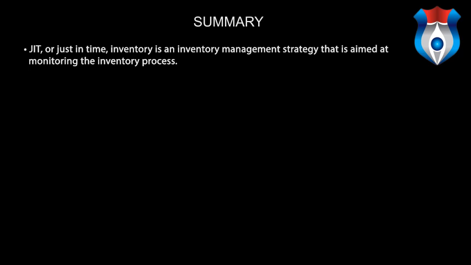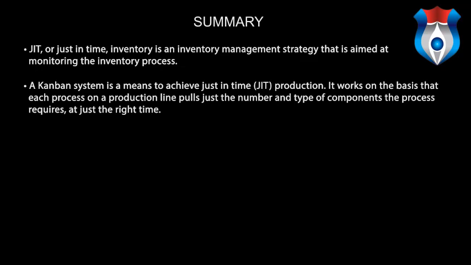JIT, or just-in-time inventory, is an inventory management strategy that is aimed at monitoring the inventory process. A KANBAN system is a means to achieve just-in-time JIT production. It works on the basis that each process on a production line pulls just the number and type of components the process requires at just the right time.